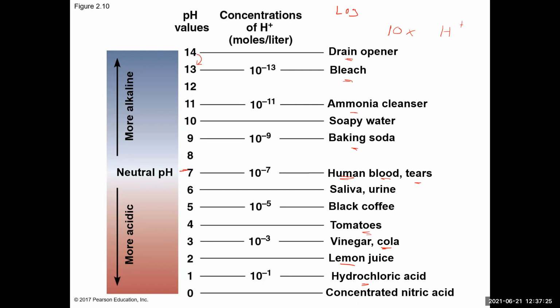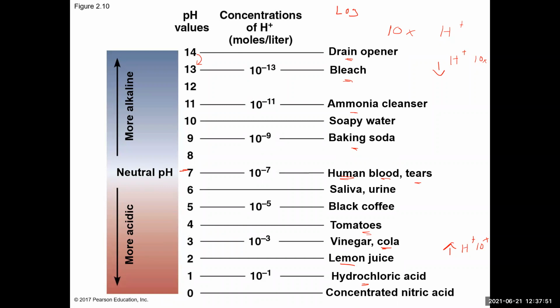If you go up in the pH scale, you decrease in hydrogen ions by 10 times. If you go down on the pH scale, you increase in hydrogen ions by 10 times. And that's 10 times every step you change on the pH scale.